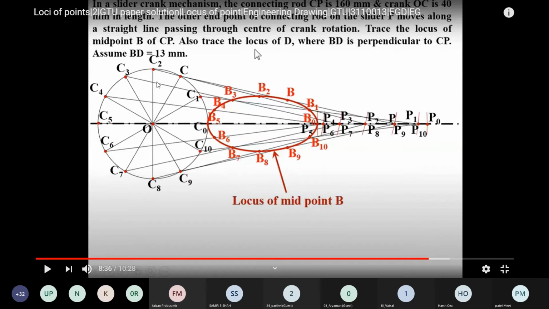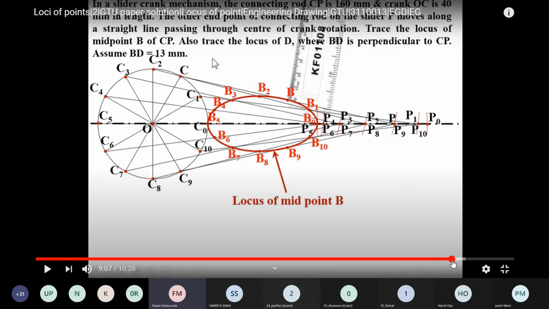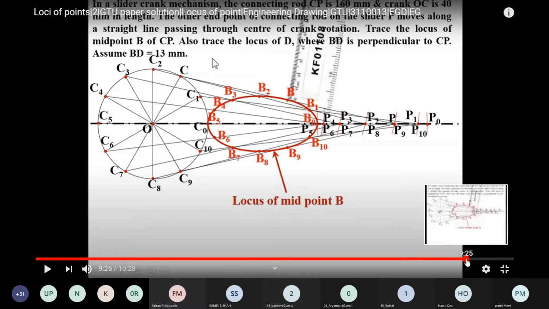Whatever you draw, that may be the circle, the 12 parts, or the inclined portion which joins all the connecting rods, all of it should be light. Only whatever is required, you have to make darker. The remaining lines should be light as compared to the required portion.